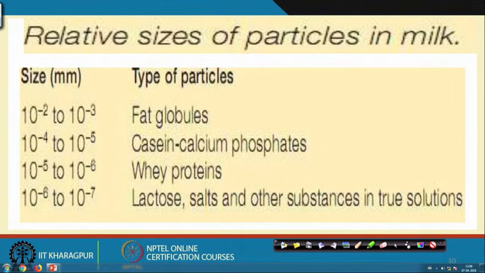So, if we now recapitulate what we had said earlier, the problem of fat in milk is primarily due to the species and again primarily due to the feed. If you have control over species and feed, you can increase both the fat content as well as the quantity of milk which comes out.